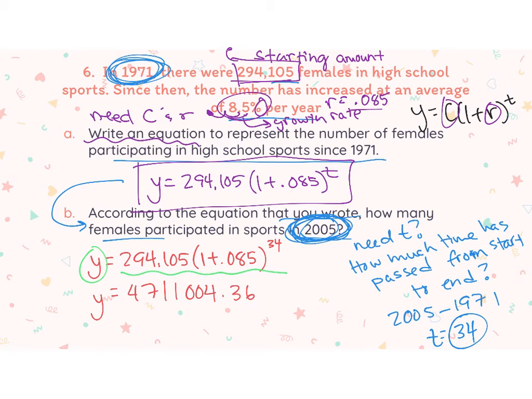Now, these are people, okay? These are females in high school sports. So the fact that these are people means that I cannot have a partial person. So I need to round. This 0.3 would tell my 4 to stay the same. So that's 4711004. That's 4,711,004 female athletes.